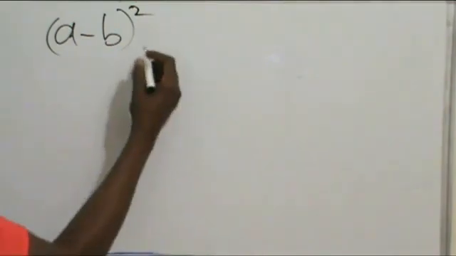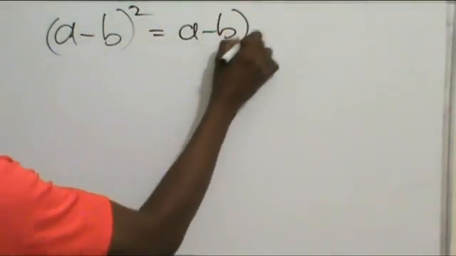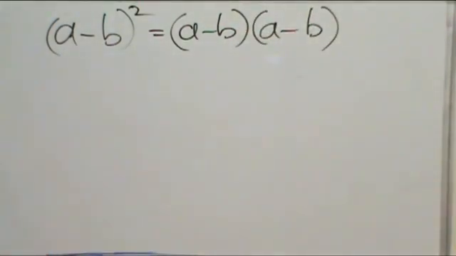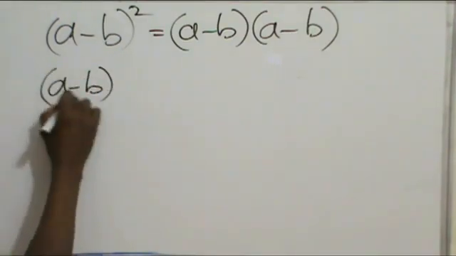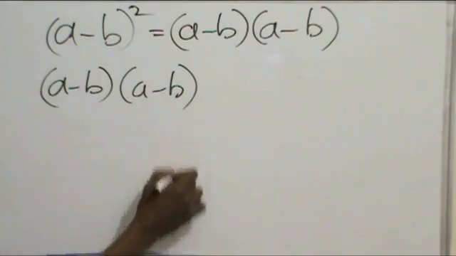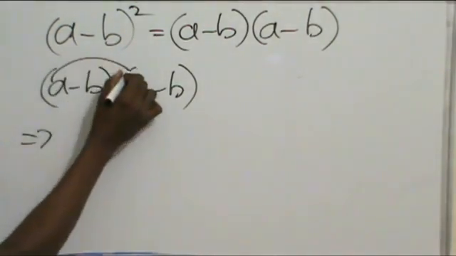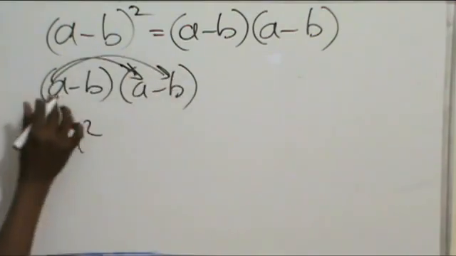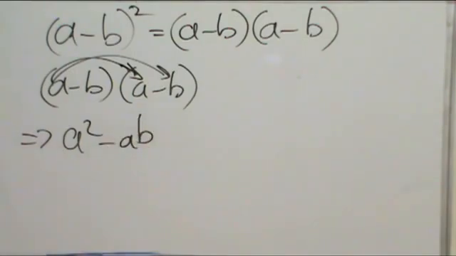Following the logic that we established a while ago, it will be equal to (a minus b) into (a minus b). We write it out here now: a by a is a squared. a by minus b is minus ab.